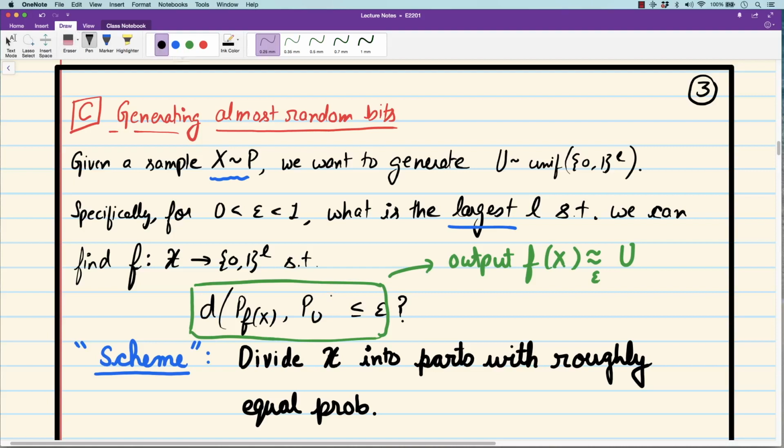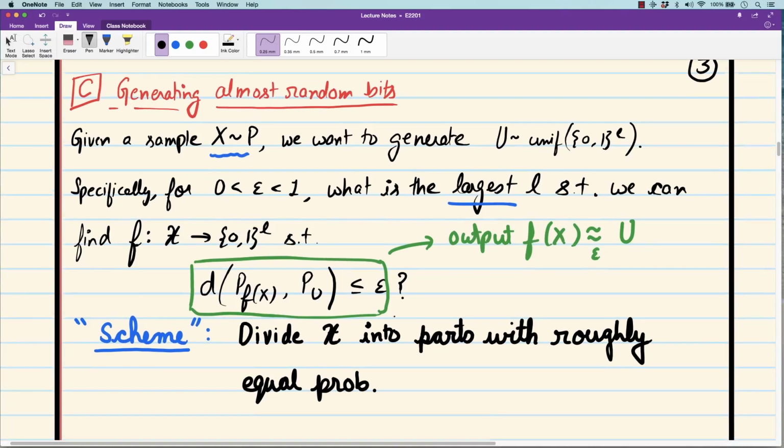What that formula says is that if you replace U with f(x), then all your errors will increase by at most epsilon. So it's not a big loss if you replace U with f(x), and that is why it makes sense to seek random number generation in this approximate sense. You don't want perfectly uniform, you want almost uniform.